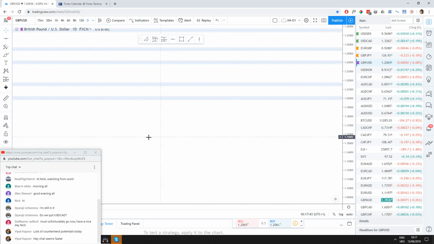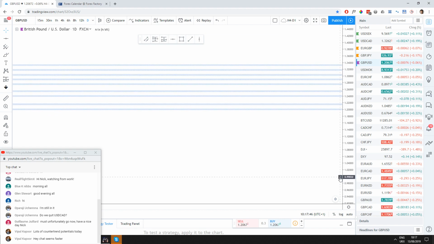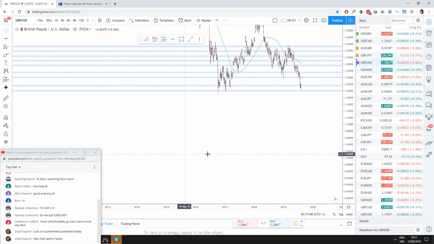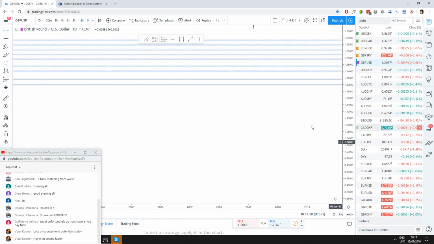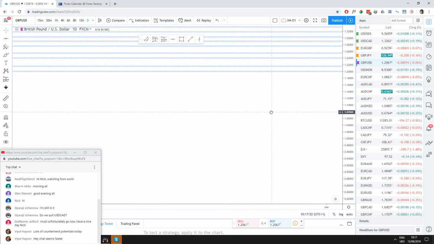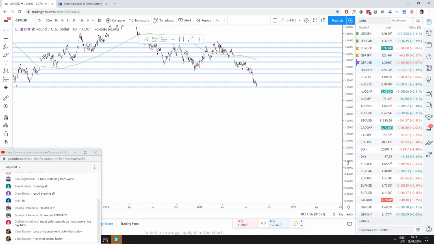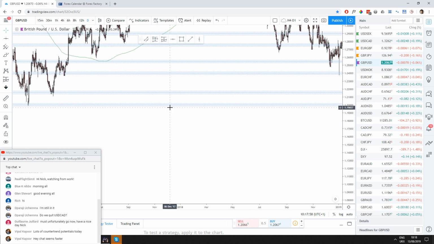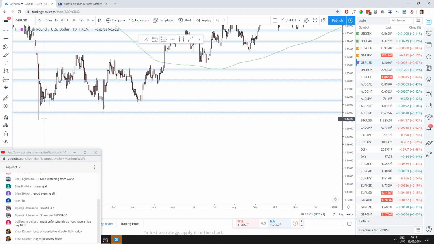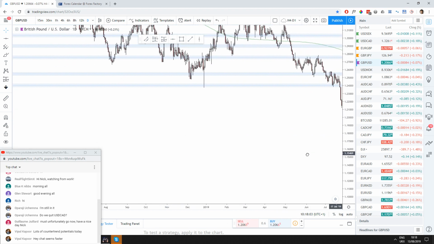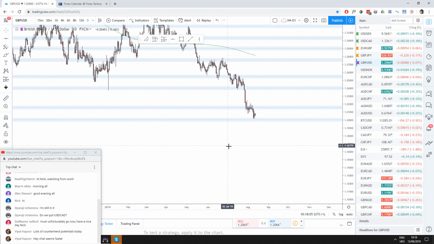I have to go back a long way to get... No. We can't even go back that far. Just double checking something here. Yeah. GBPUSD is currently at lows that we only saw post-Brexit, and before that I think we've never seen.